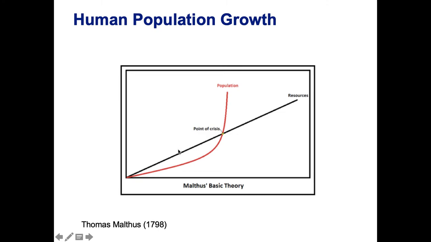But at some point, if population is growing exponentially, we're less likely to have exponentially more resources. Resources tend to be more finite. So there is this point of crisis where we might end up with more people than any given resource.